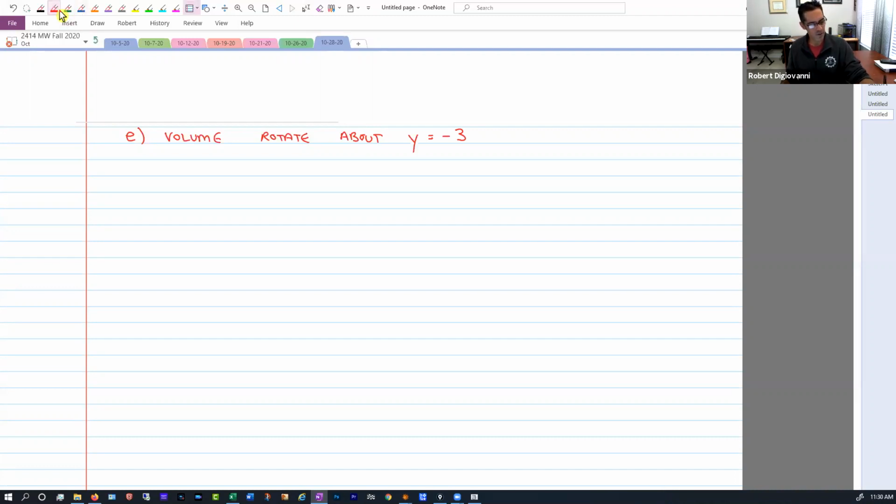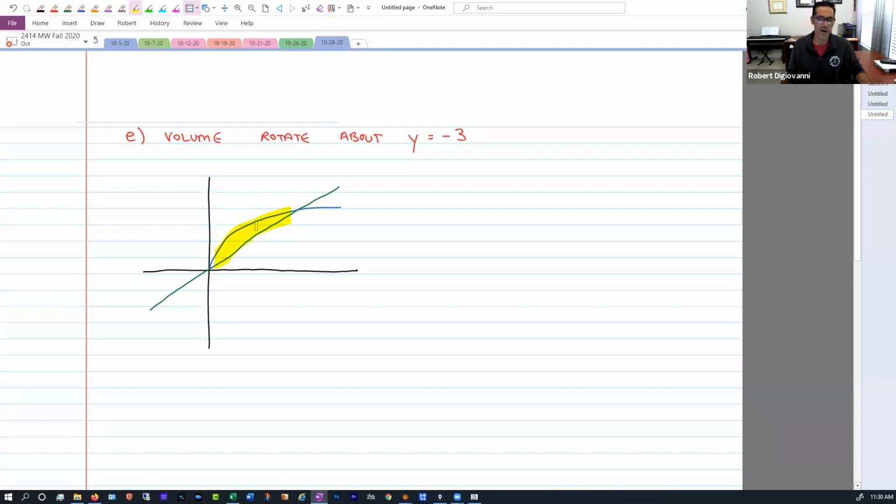So let's see. I'm going to draw my picture. There's my region. I want to wrap that thing about y equals -3. So what is y equals -3? What is that?